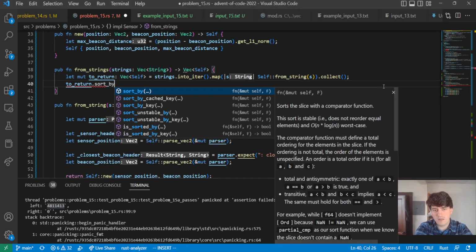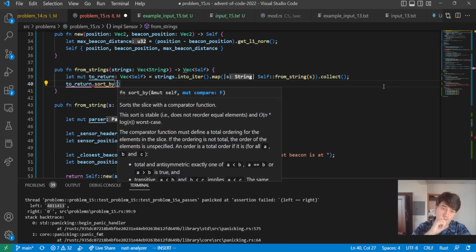Here we need to know what the comparator function is.